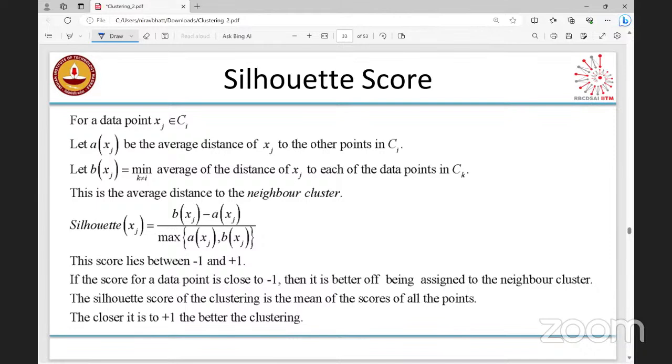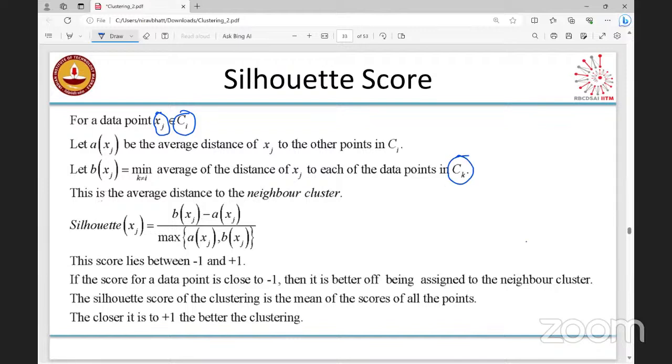Let's take a data point xj in a cluster Ci. Then aj is the average distance of xj to other points in Ci. bj is the minimum distance of xj to the data points in another cluster Ck, the neighboring cluster.